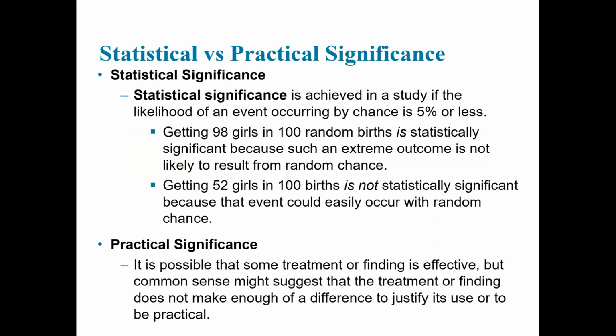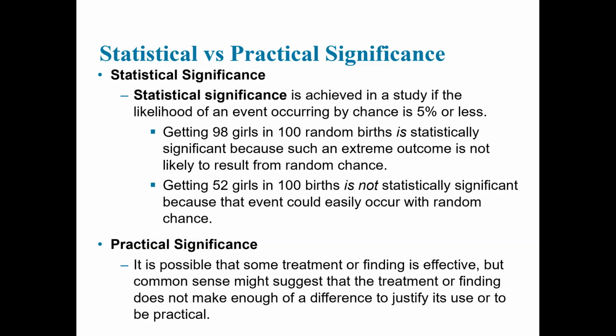Statistical significance is achieved if the likelihood of an event occurring by chance is 5% or less. So getting 98 girls in 100 random births is statistically significant because it's such an extreme outcome that it's not likely to result from random chance. Whereas 52 girls in 100 births is not statistically significant because that could easily occur randomly.